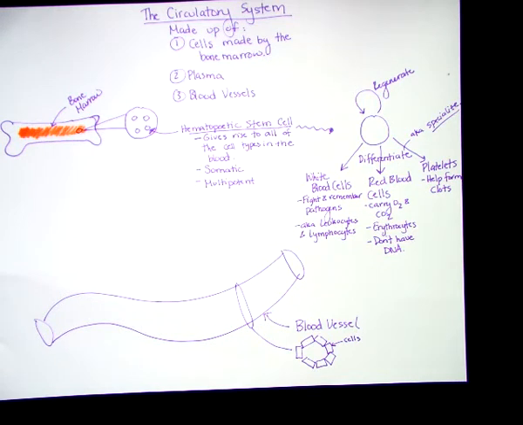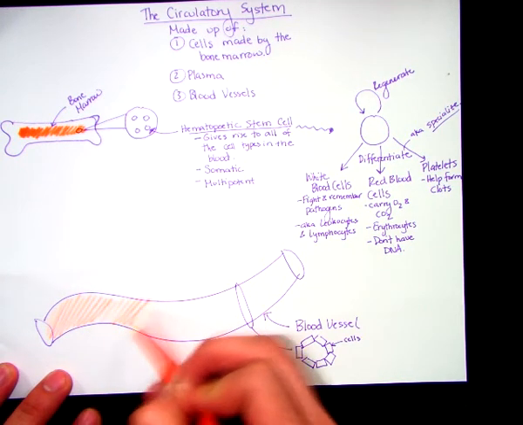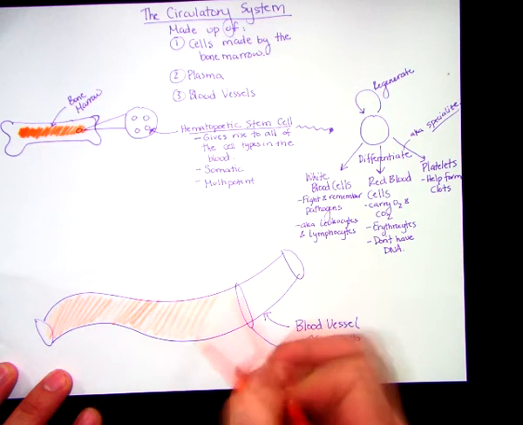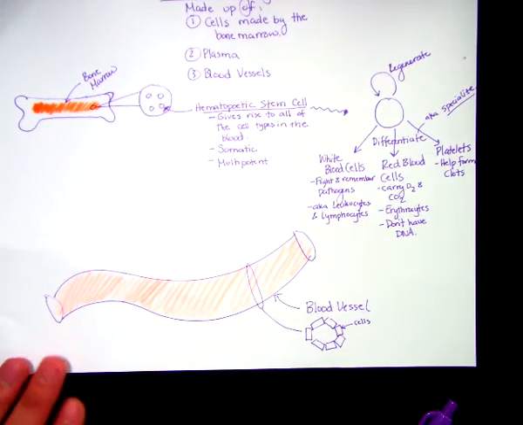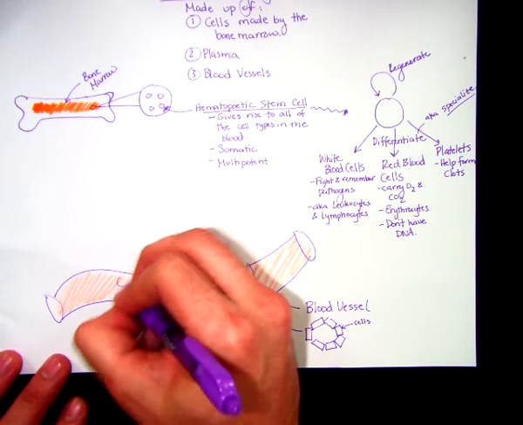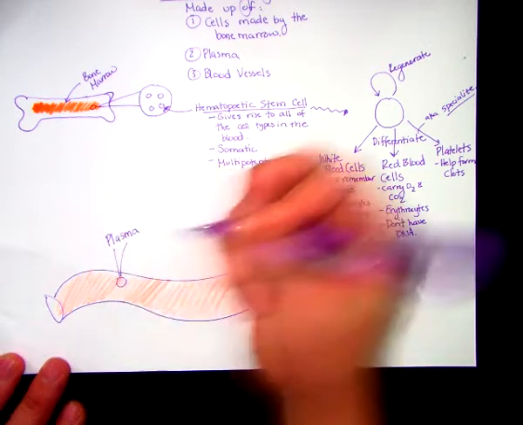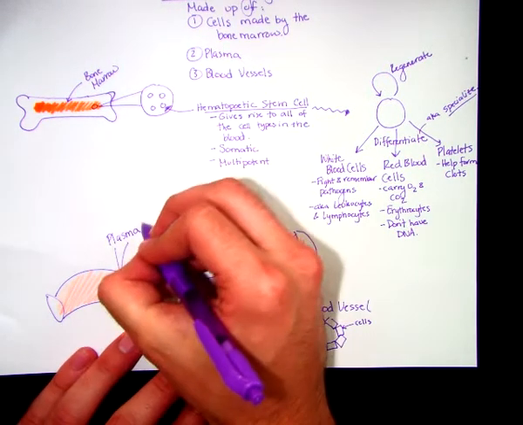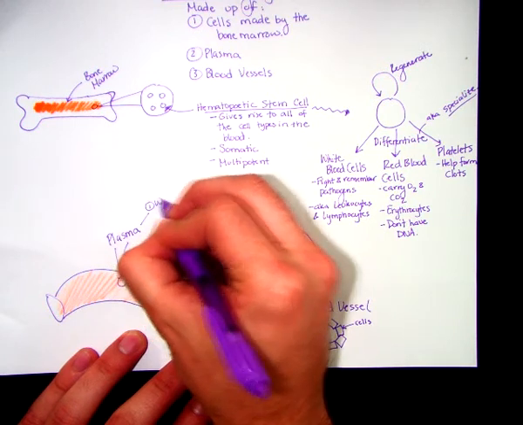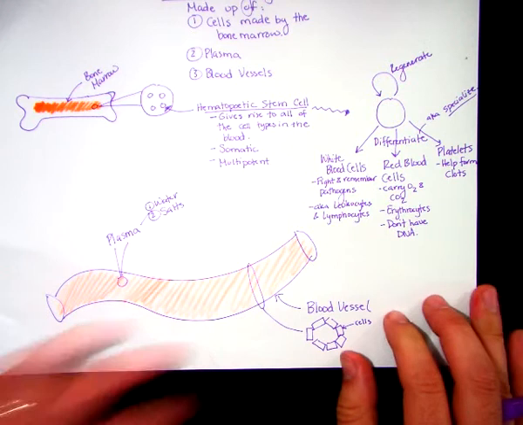Okay, so plasma can be any color. Plasma is the liquid of the blood, so it's the major component of the blood. So we call this plasma. It's made of three things. 1, water. 2, salts, like we saw in our cystic fibrosis case study.